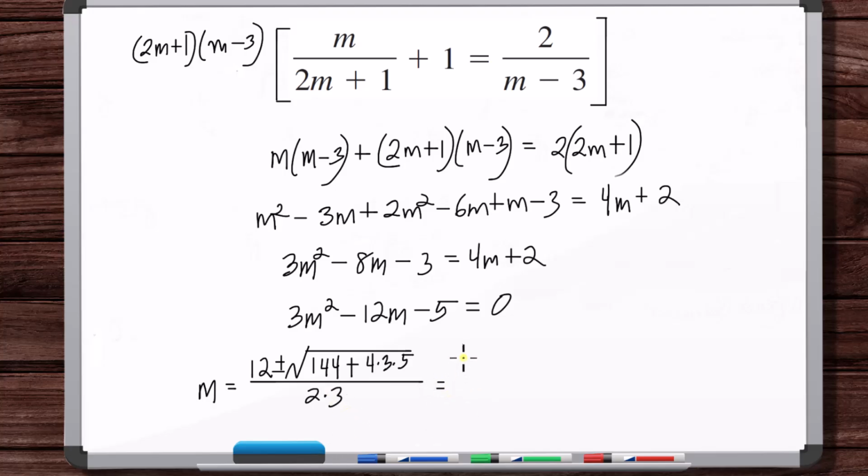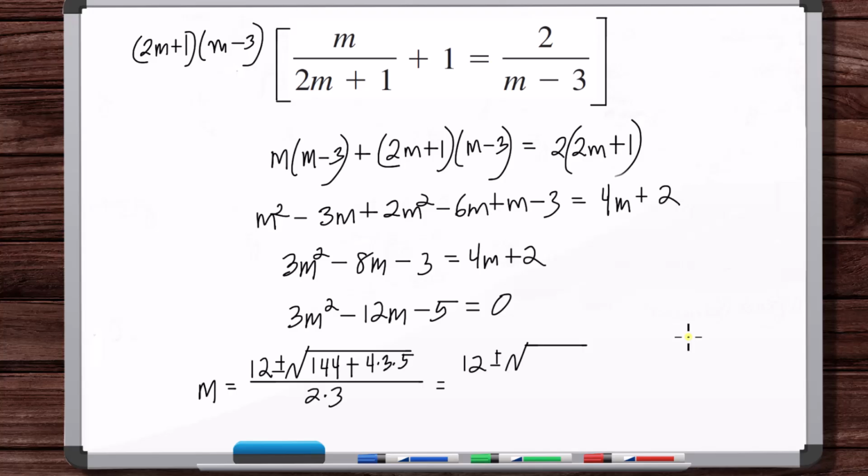So we have 12 plus or minus the square root of 144 plus 15 times 4, which is 60. So 144 plus 60 is 204.